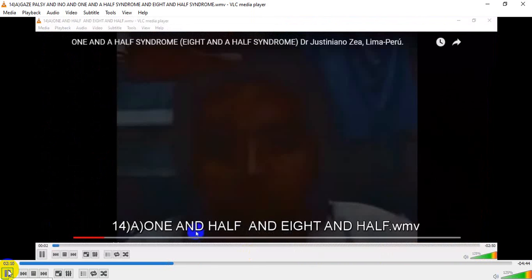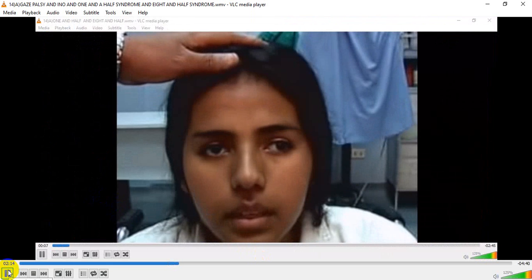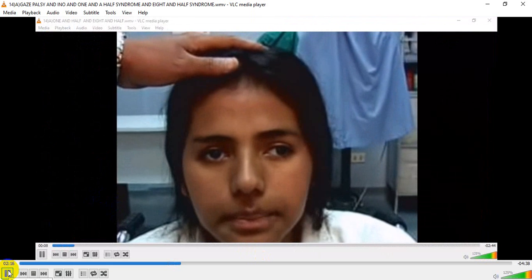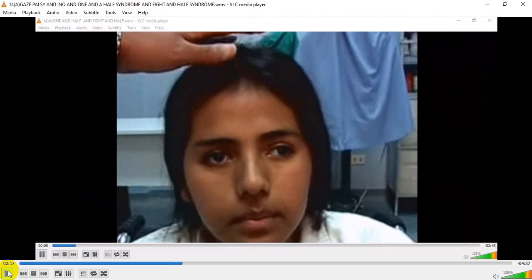Now this is a combination of 1.5 with facial palsy, which we call 8.5 syndrome. Now you can see here, this is a normal position in which the patient is looking straight. You can clearly make out that this particular eye has a normal position, while this eye is a little deviated laterally, or we call it abducted.